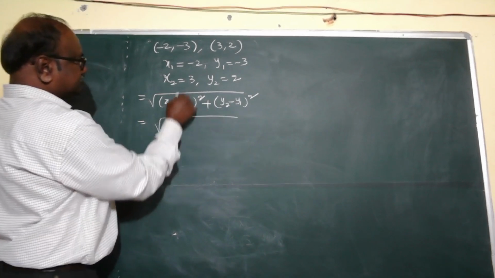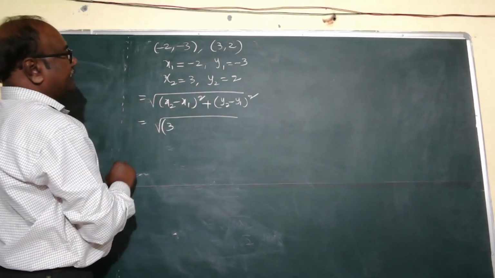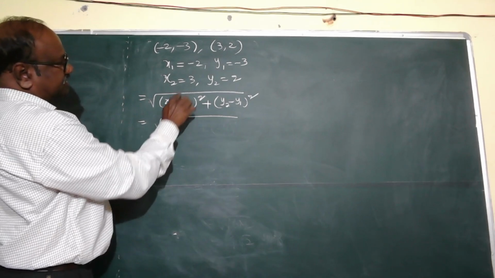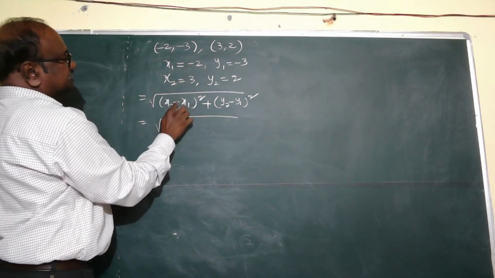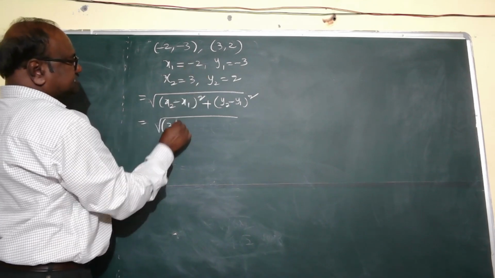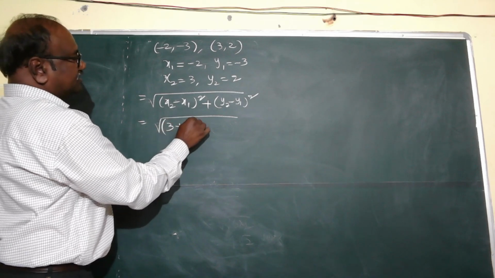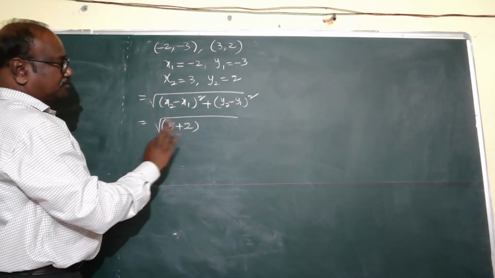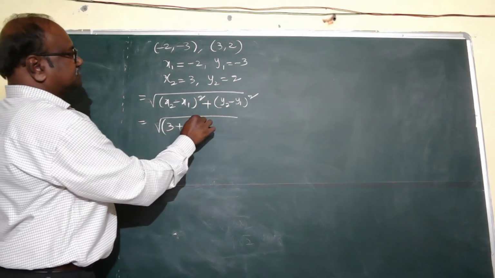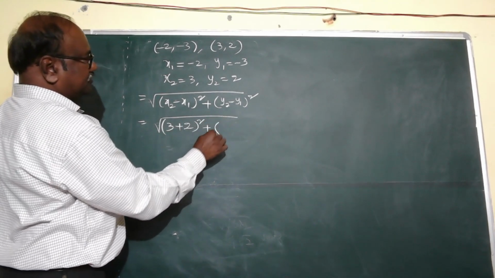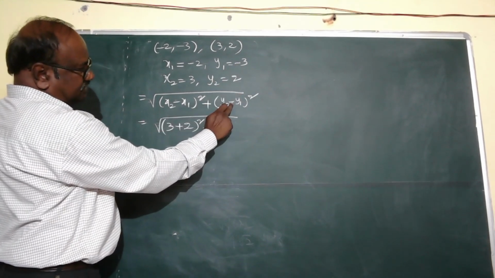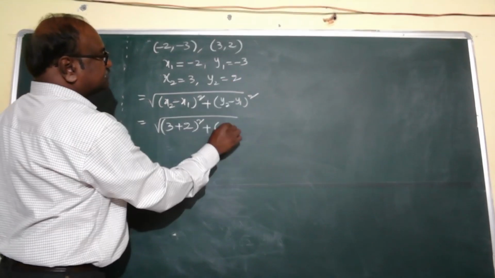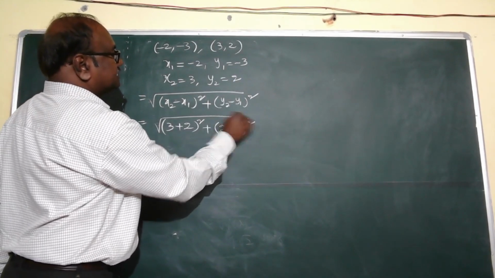See here, x2 is 3, minus in the formula and x1 is also -2. Minus into minus, plus 2, directly you write. Don't keep any brackets, it gives confusion. Plus y2, y2 is 2 and y1 is -3. Already in the formula minus is there. Minus of minus is plus 3 whole square.